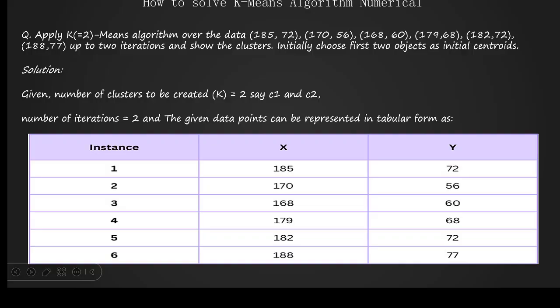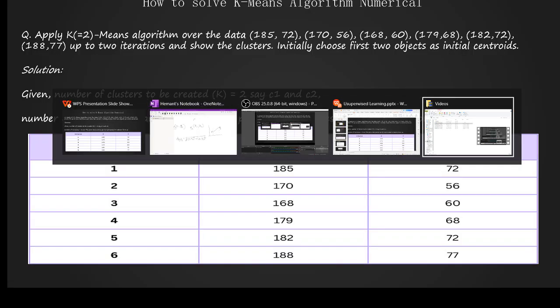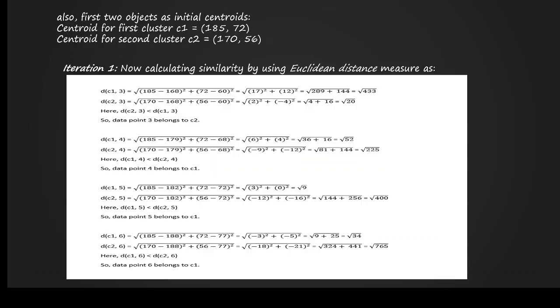In our case, the first and second are the two centroids that are given. For this we will use the Euclidean distance. So here we can see the distance of data point 3: (x1 minus x2) whole square plus (y1 minus y2) whole square. This gives the value as this one, and the second value will be this one.